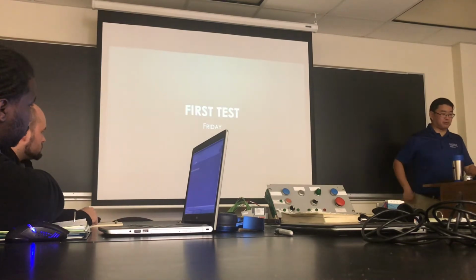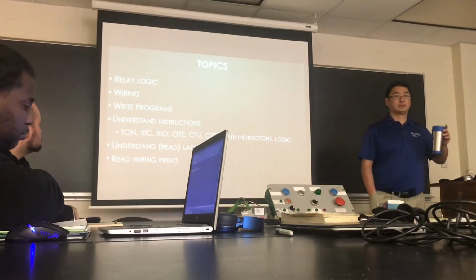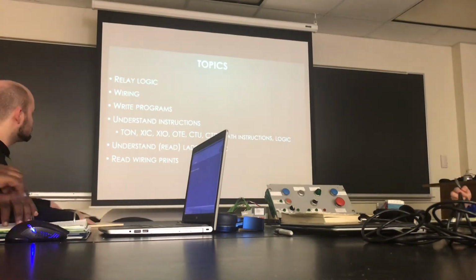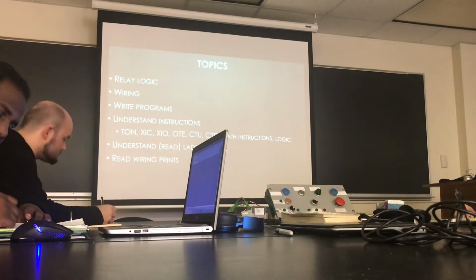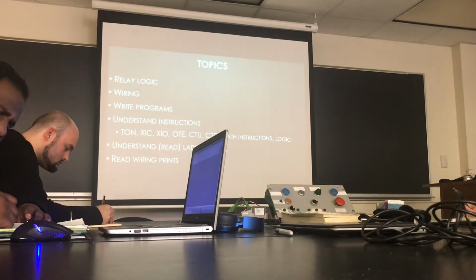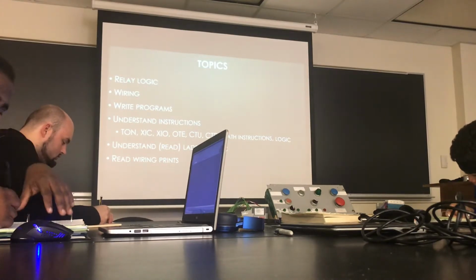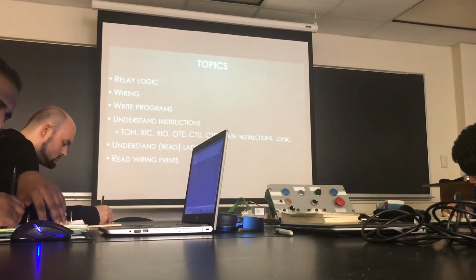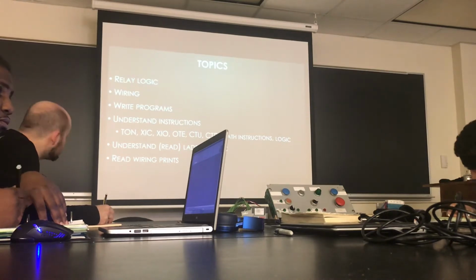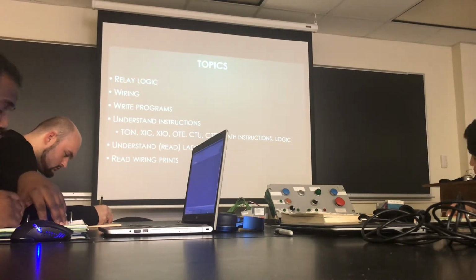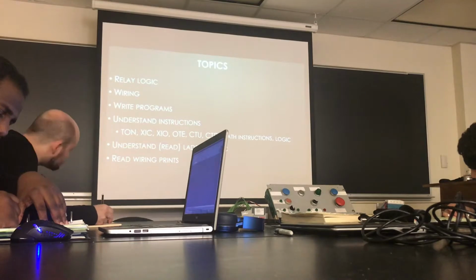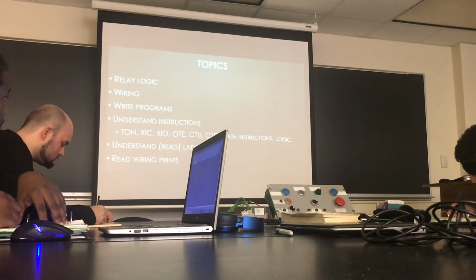So, first test is going to be Friday. Relay logic, wiring diagrams, be able to write programs up to what we've covered so far, understand the instructions. And when I say understand the instructions, I might ask you what bits are associated with a timer, and you would tell me the timer timing, timer done, timer enabled bits, right?